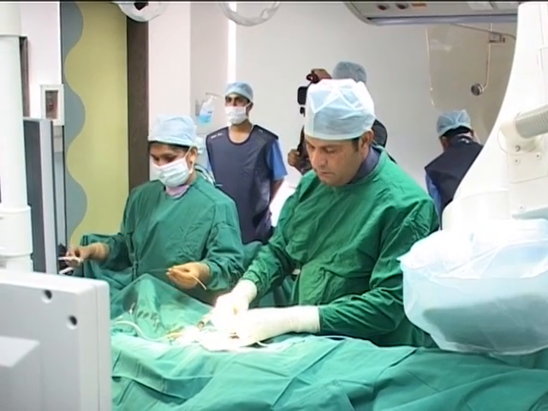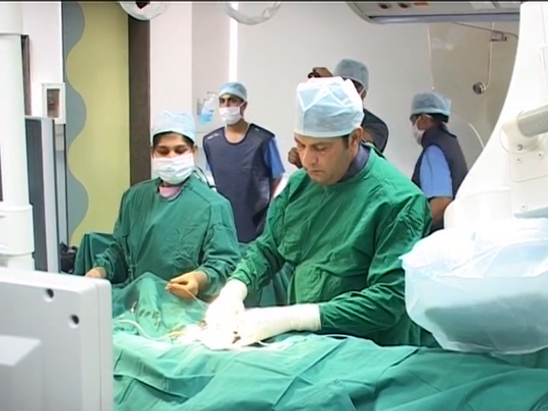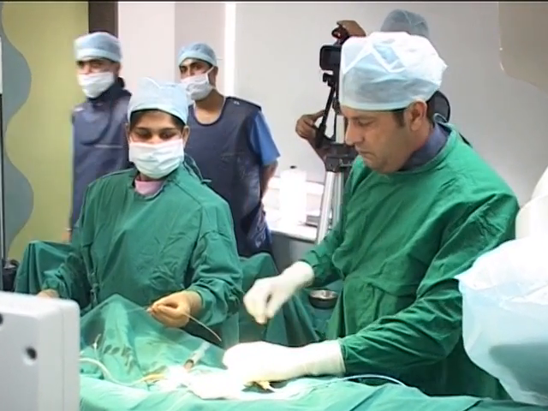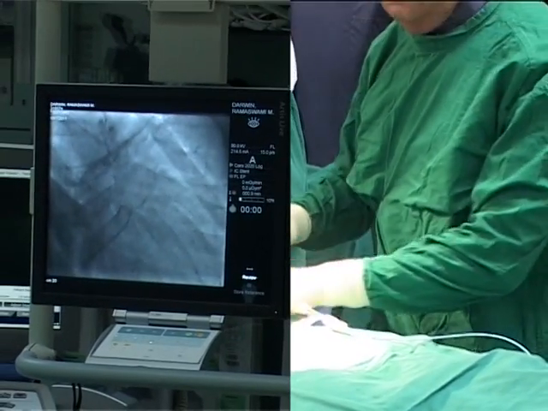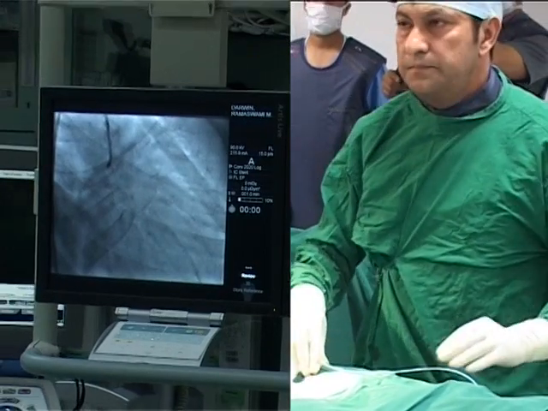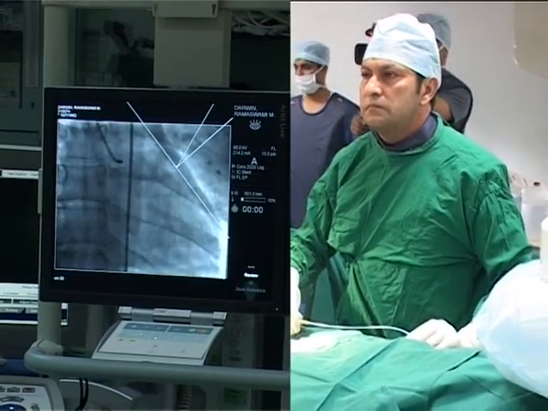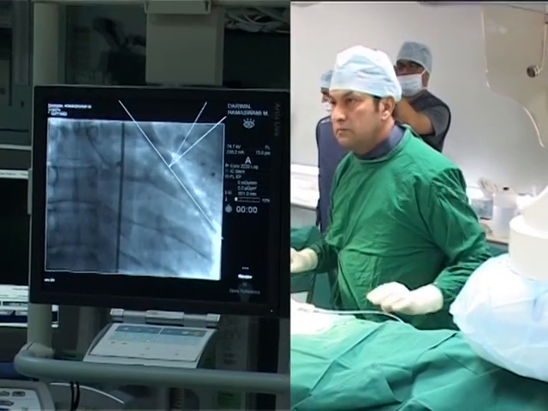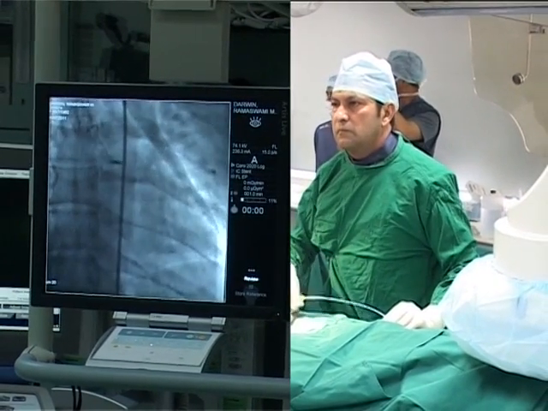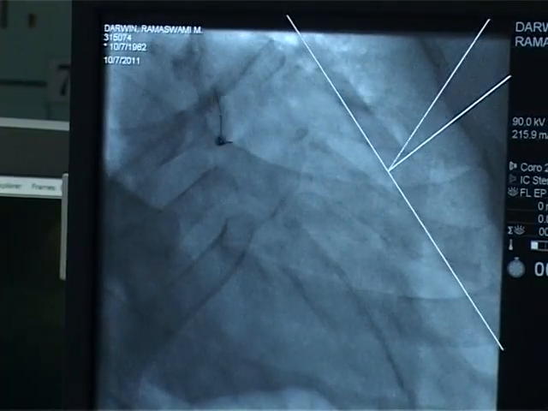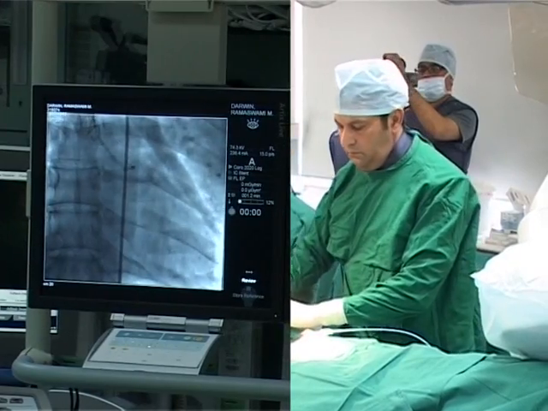I'm now introducing a BMW wire through the guiding catheter. It is coming to the tip of the guiding catheter. You could see the BMW wire entering the LAD artery.